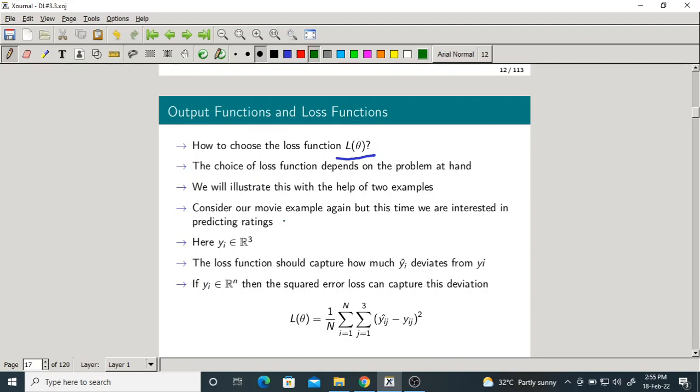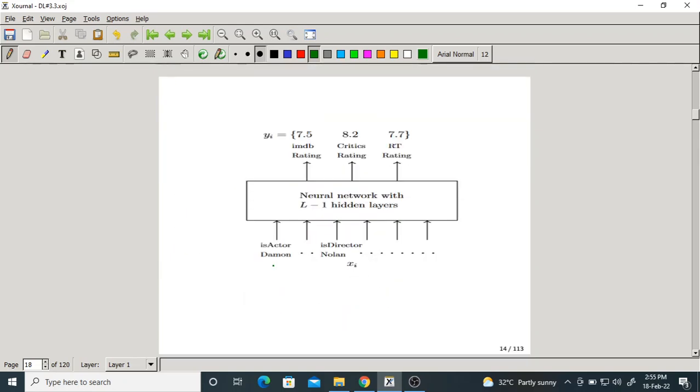Now, consider this example. Okay. In this problem, the input is an n-dimensional vector. The input is about a movie. Who is the actor, who is the director, what is the genre, so many things. We are taking n features of the movie. Now we are predicting only 3 values. What are they? IMDb rating, critics rating and RT rating.